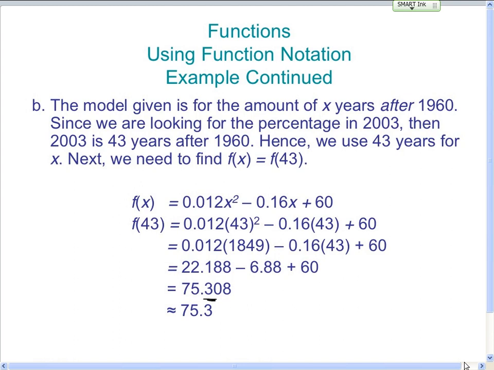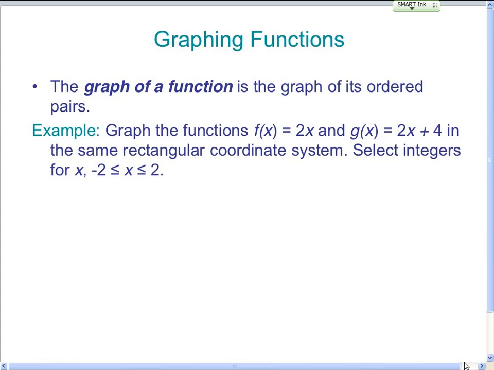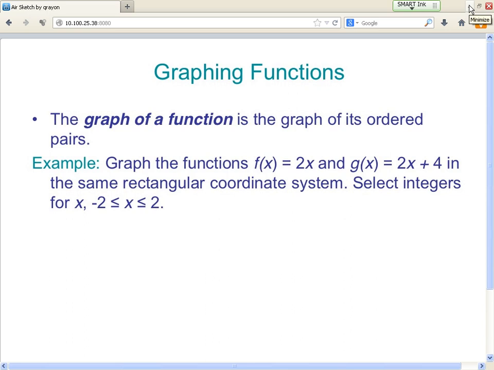Nearest tenth is one place value, so the answer would be 75.3, or approximately 75.3%, and we were pretty close when we said 76 according to the graph. All right, I'm going to stop here for now and do part 2 in a different video.